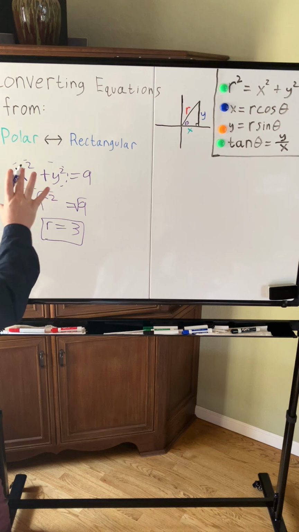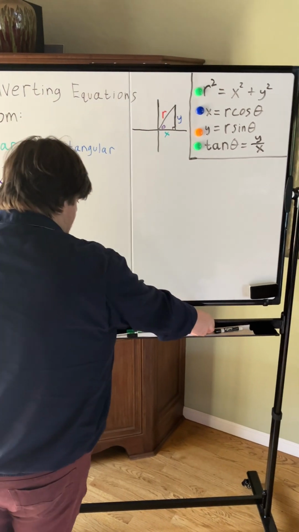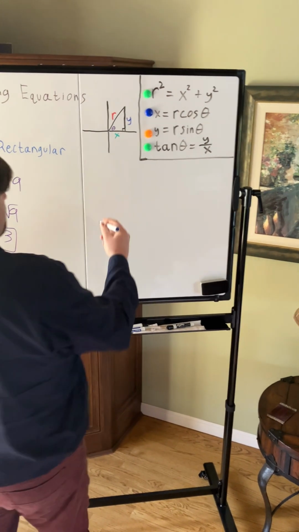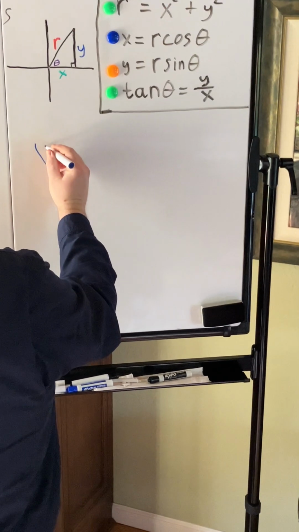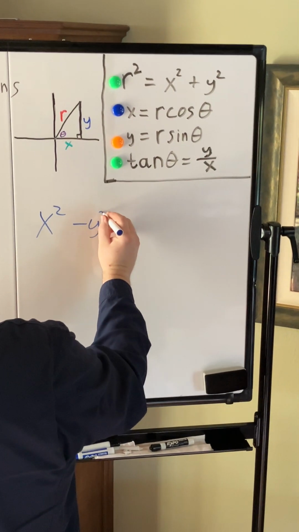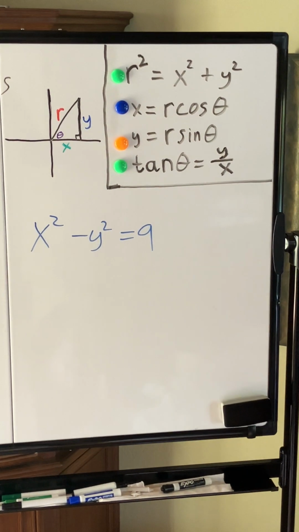Now, let's say instead of a circle, let's come over here and let's say we had a slightly different equation. We'll do one of a hyperbola. Let's say we had x squared minus y squared equals 9. Okay?